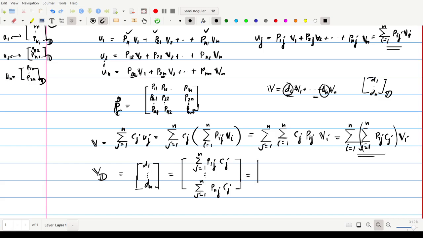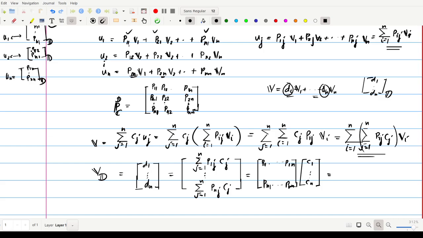But we know that this is nothing but the product of two matrices. This is p11 c1 plus p12 c2 plus etcetera; that is the first row, and finally we have pn1 c1 plus pn2 c2 plus etcetera. So this can be split into the product of two matrices: the matrix with entries p11, p12, etcetera, times the column c1, c2, etcetera cn.